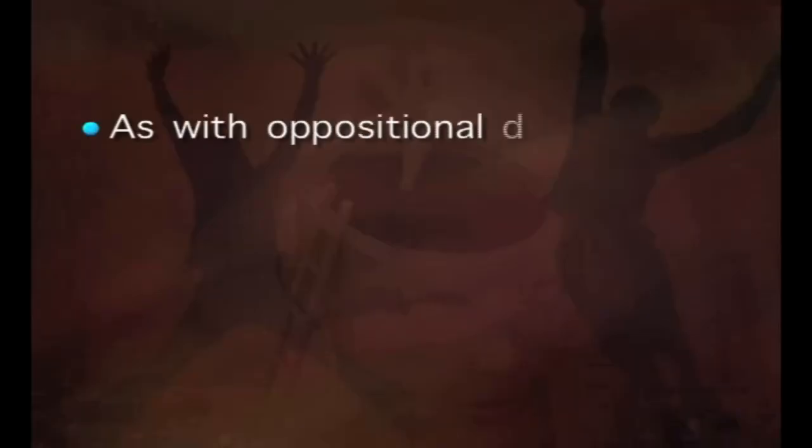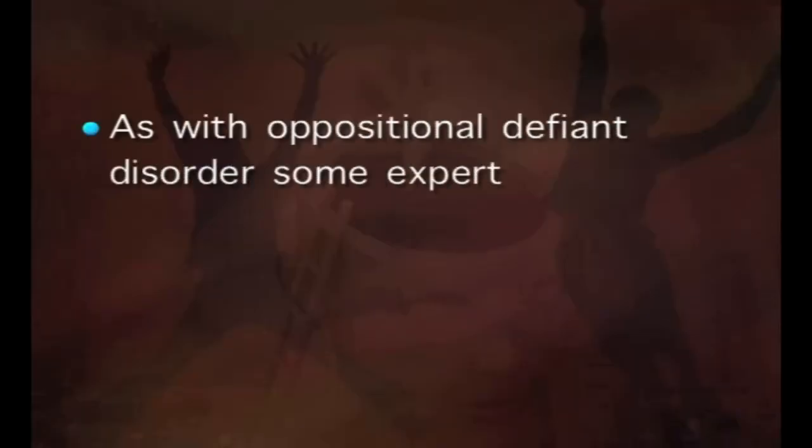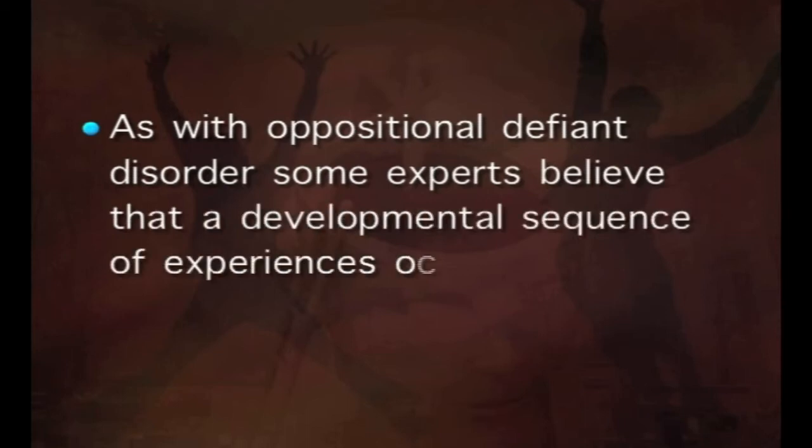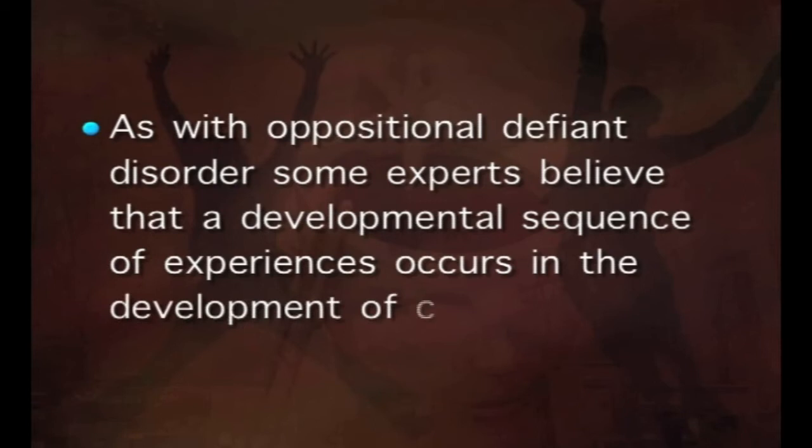Like for any other disorder, more than the treatment, we have to focus upon the prevention. In spite of the preventive measures, if the problem still occurs, then we have to focus upon the treatment. As with oppositional defiant disorder, some experts believe that a developmental sequence of experiences occurs in the development of conduct disorder.